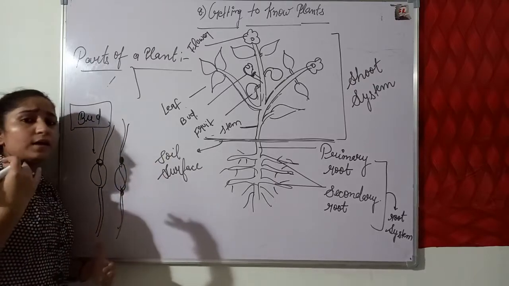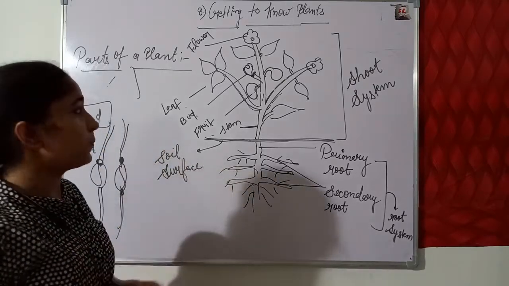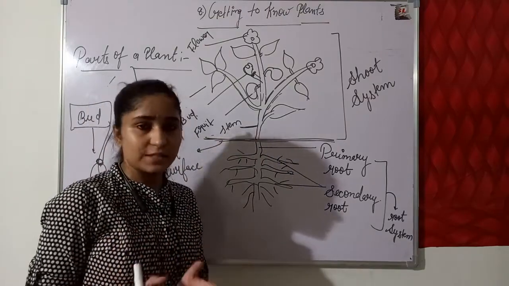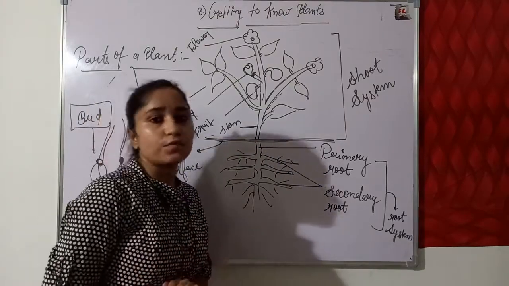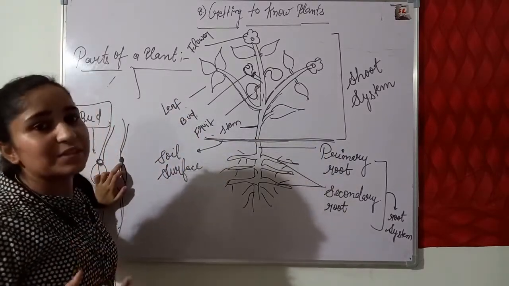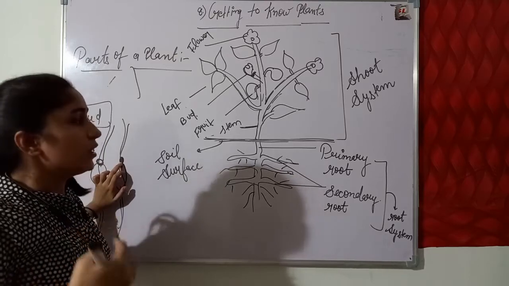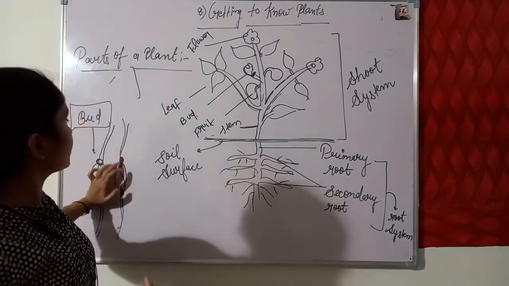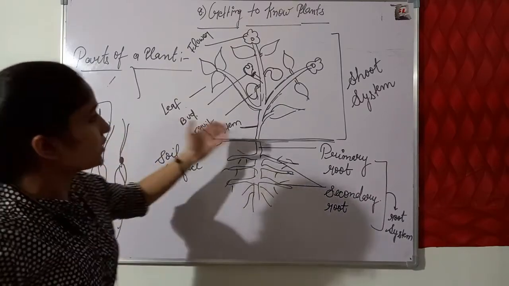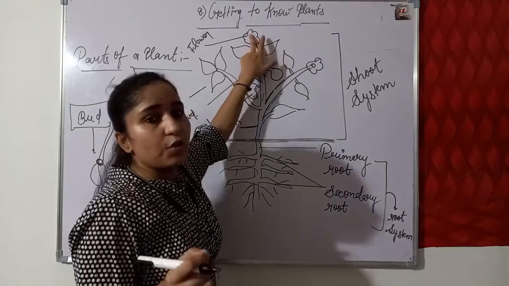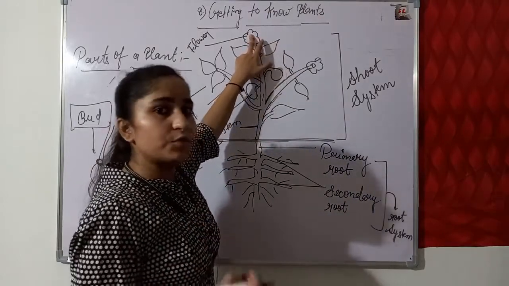Every structure in the plant is always formed from the bud. The bud has the capacity to convert into other parts of plants such as shoot, root, branch, leaf and flower. So all these structures of plants are formed from the bud.